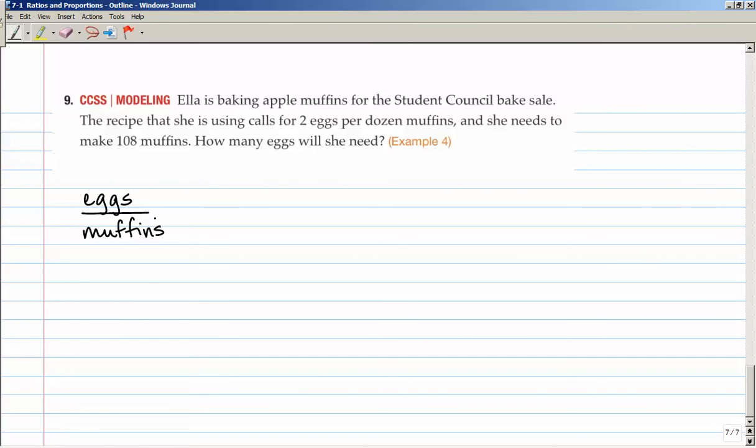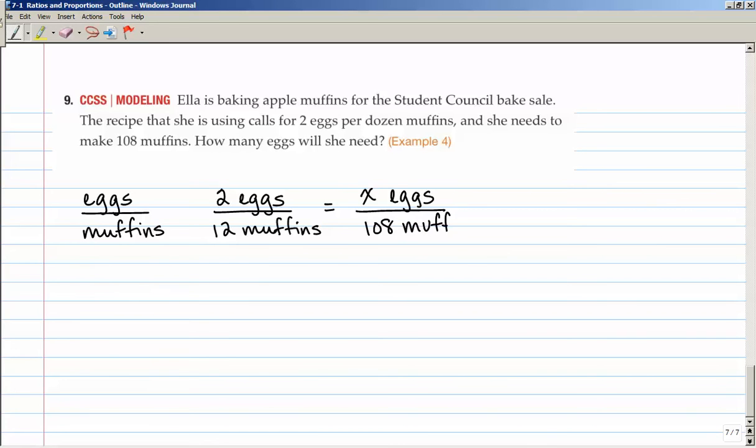And her recipe calls for 2 eggs for every 1 dozen muffins. And since they're using dozen there, but then just total number of muffins here, I'm just going to write that as 12 muffins, because there's 12 in 1 dozen. So she needs 2 eggs for 12 muffins, and it says how many eggs is she going to need, so I'm going to call that x, eggs for 108 muffins.